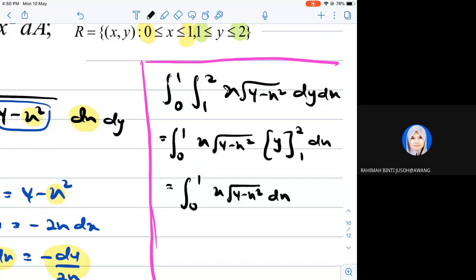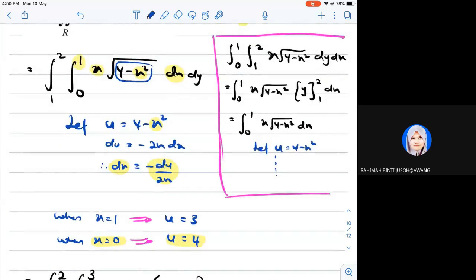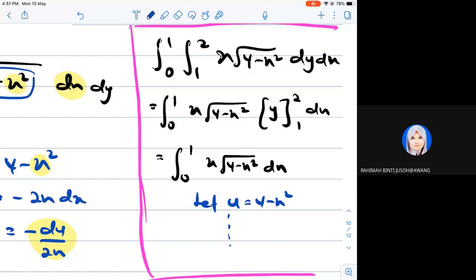Macam tu. So sama jugalah, let u jugalah. Begitulah seterusnya. Sama macam yang ni lah. Yang saya buat dah ni. Cuma yang ni bila dy dx senang kerja lah sebenarnya, lebih senang dy dx sebab kita settlekan y tu dulu. Boleh faham tak?